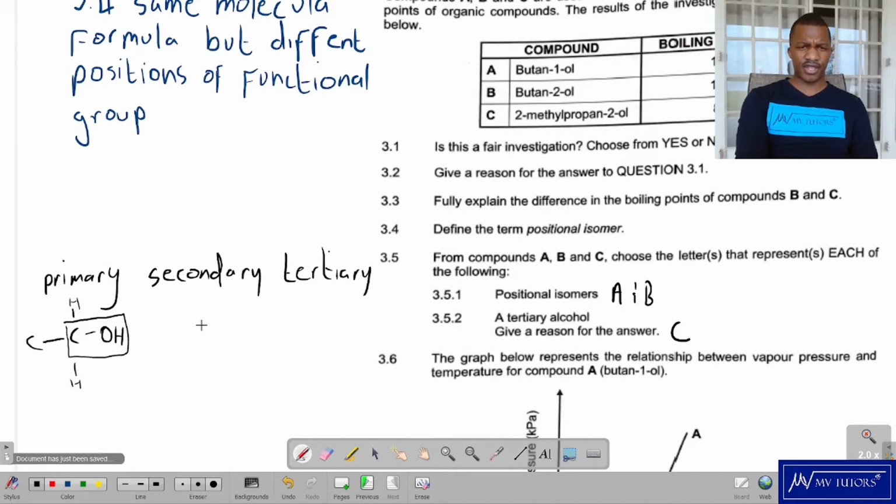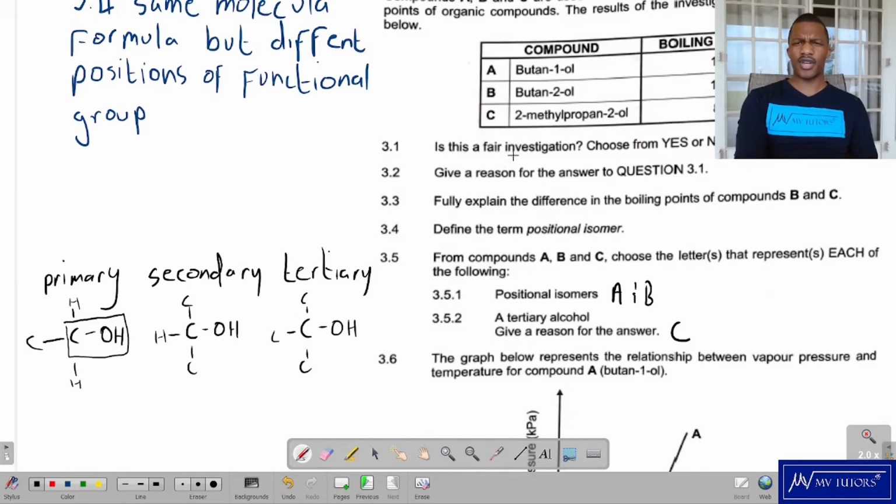Secondary, the functional group, which is COH, is attached to 2 other carbons. That's secondary. And then tertiary, the functional group is attached to 3 carbons.